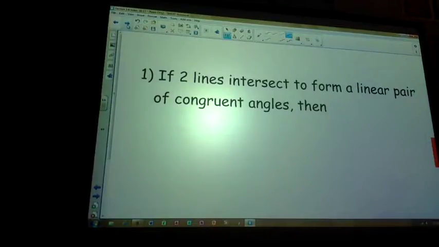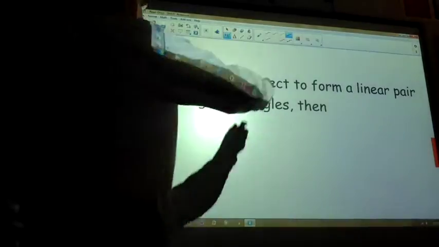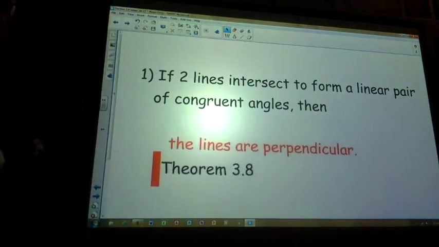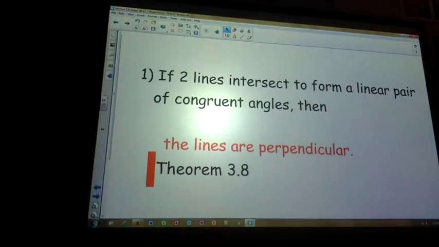Okay, if two lines intersect to form a linear pair of congruent angles, then the lines are perpendicular. Well, that makes sense. I have this line that comes across. Angles are congruent, linear pair.